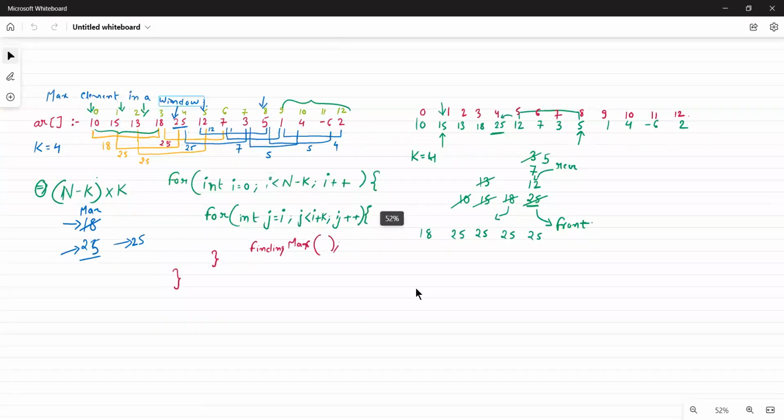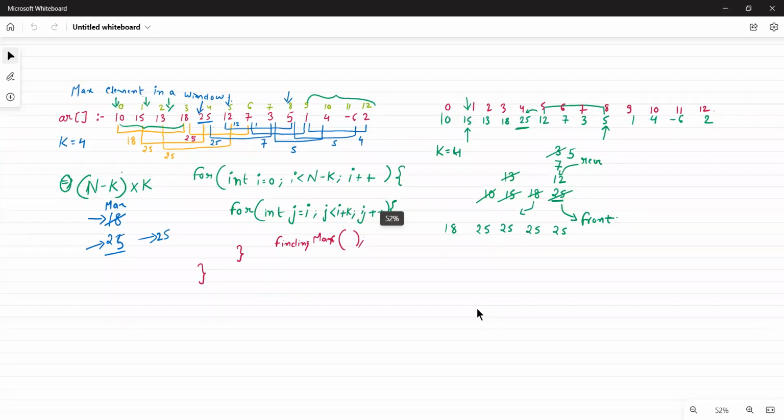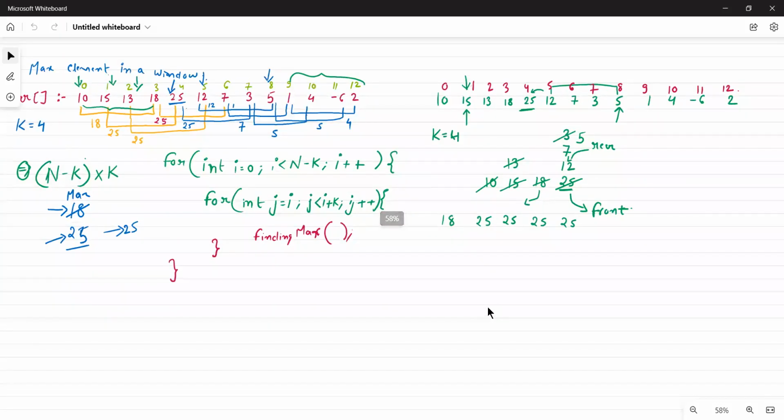Actually, max element in a window. How many of you were able to do this question, and how many of you are stuck in this question? This is my first question to you all today. Guys, be a little quick.